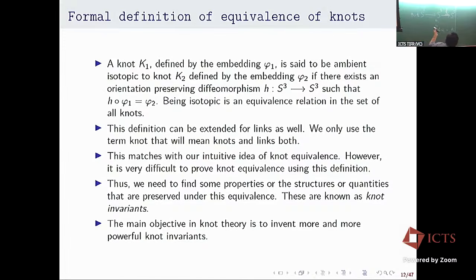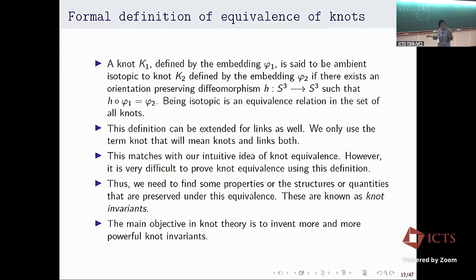And orientation preserving is very important, because if I don't require it, then every knot will be equivalent to its mirror image, which is not the case. There are knots which are equivalent to their mirror images, but there are knots which are not.